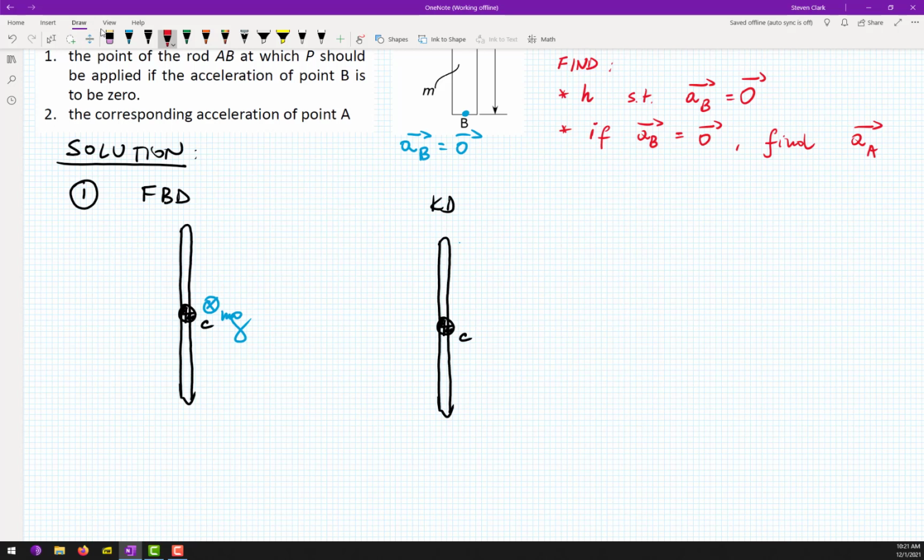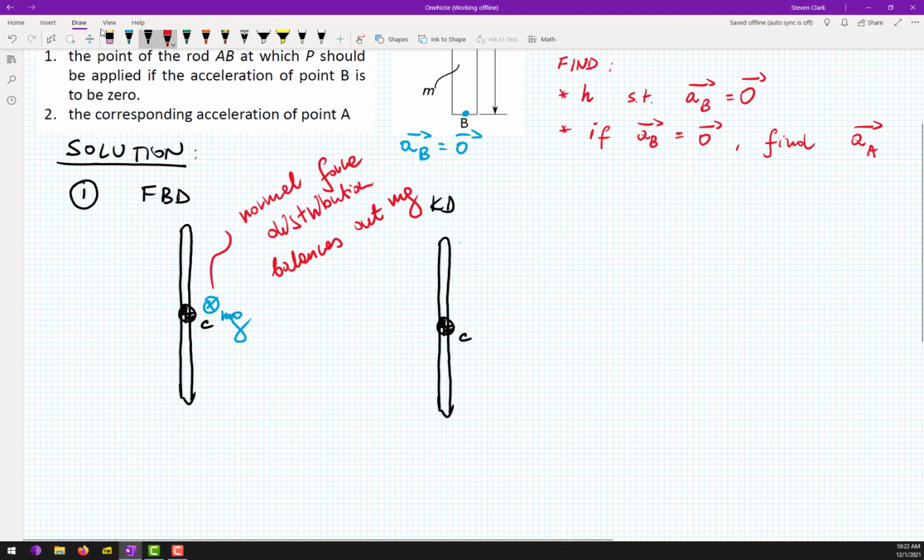It obviously acts out of the page, yes? If you want to write it quicker, just write no motion in the direction perpendicular to the page.